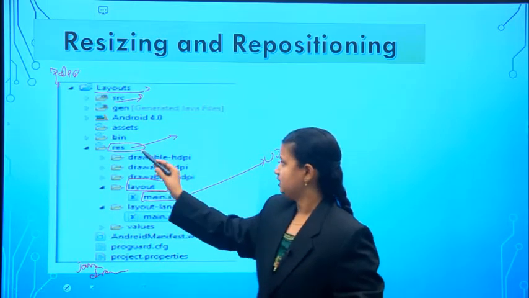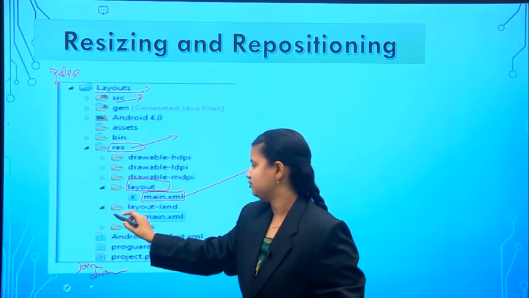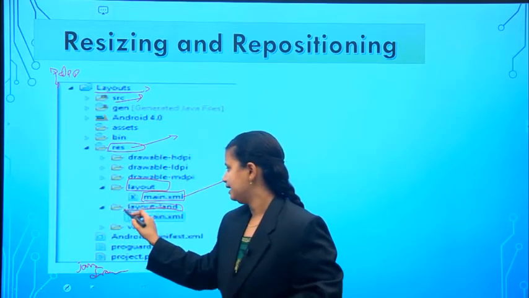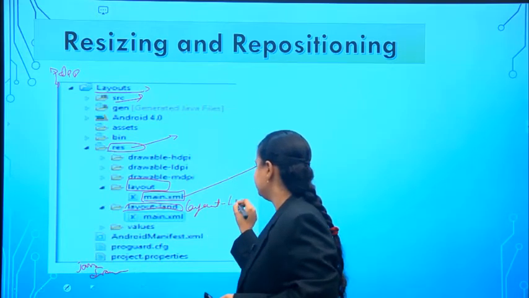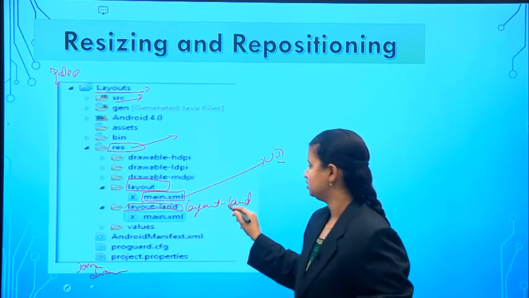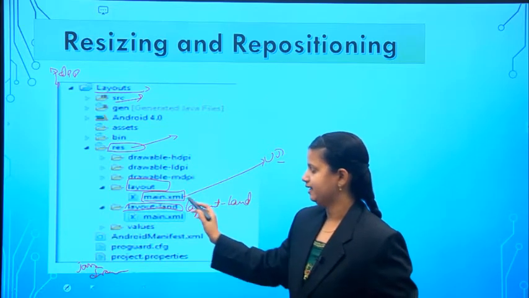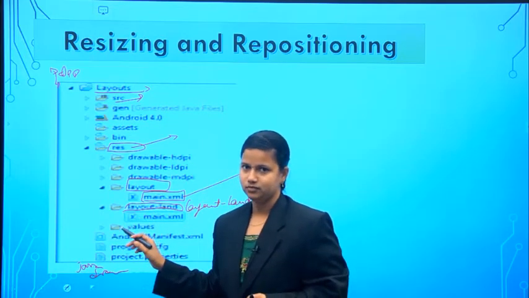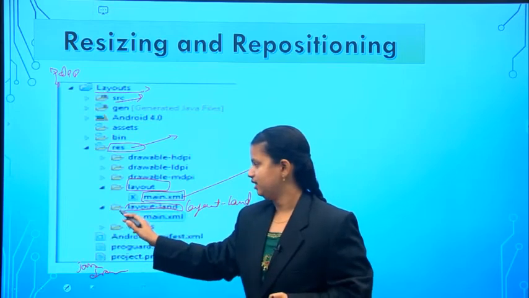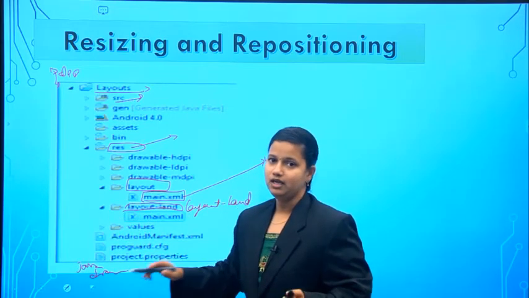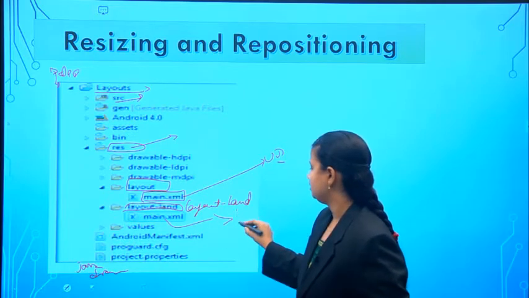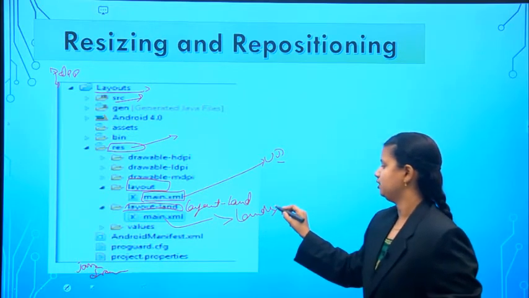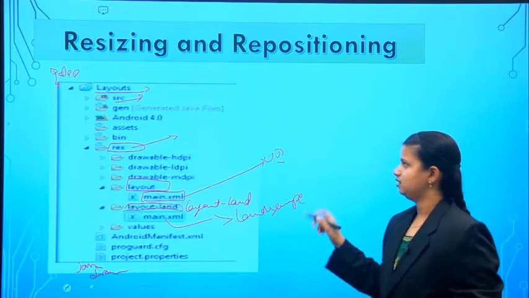In the same way, within this RES you create one new folder as layout-land. That means a landscape mode related folder will be created. In that you maintain a different main.xml, and that main.xml will correspond to your landscape mode.